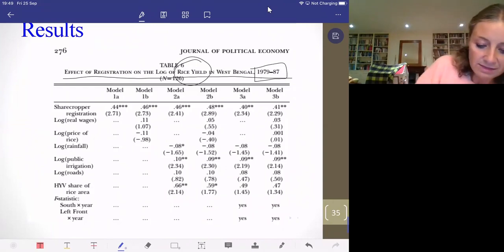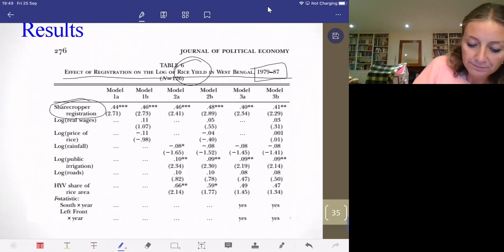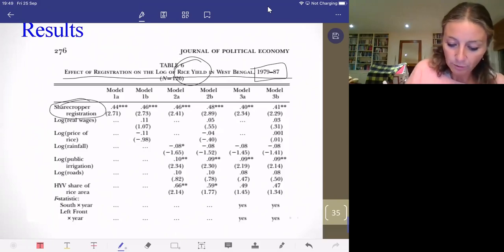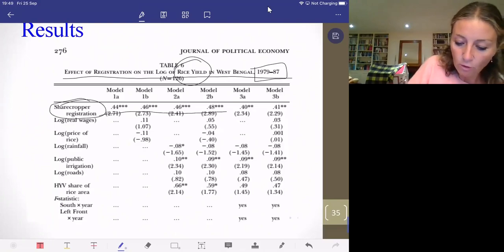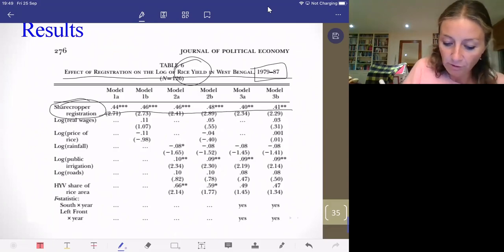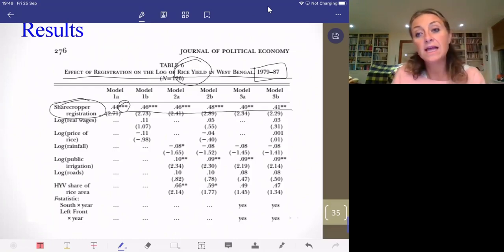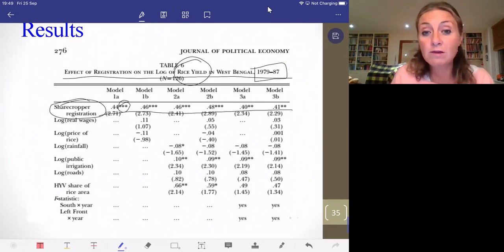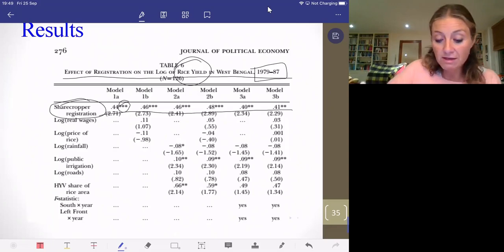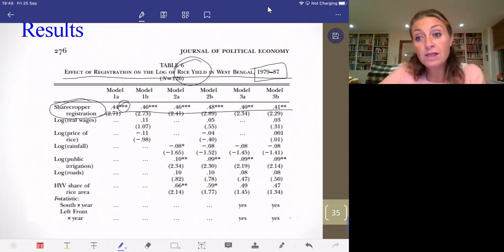We find that the sharecropper registration, which is our variable of interest, is always positive because it doesn't have a minus in front of the coefficient. And the number of stars indicates how strong this positive effect is, meaning how much we can trust the result. 3 stars is the highest level of confidence you can get, 1 is the smallest.